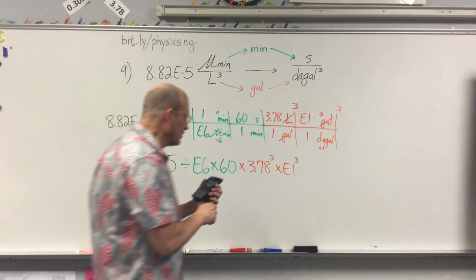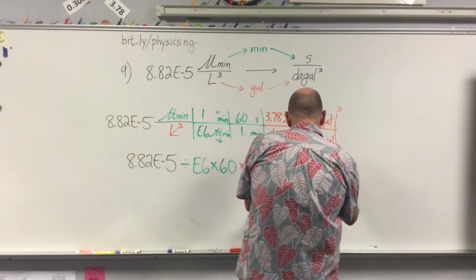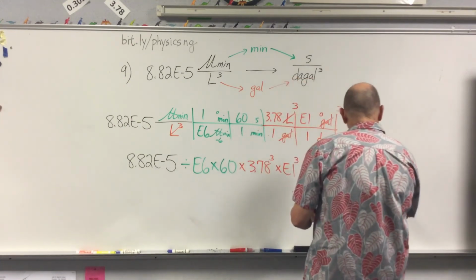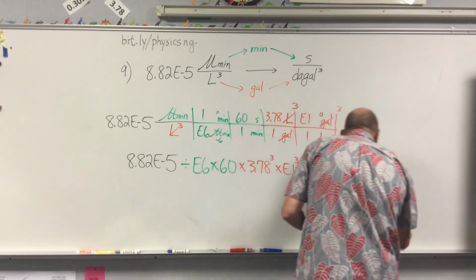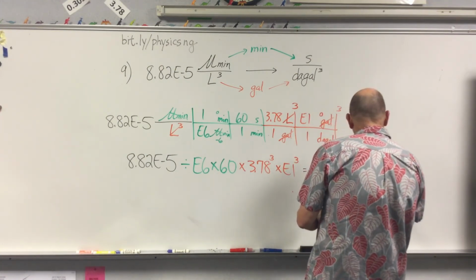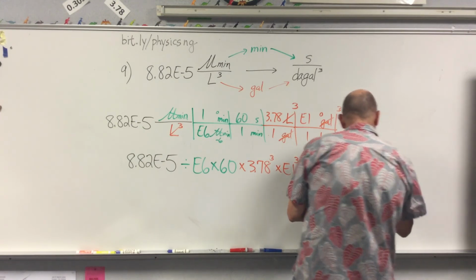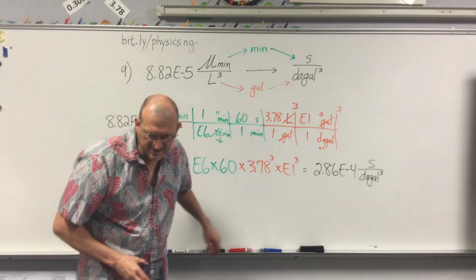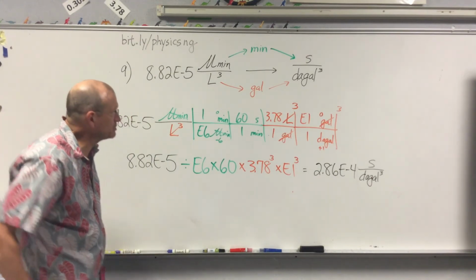And then when you hit equal, the number that pops up here is 2.86 e negative 4, oh, sorry, I'm looking at the starting units, seconds over decagallons cubed. Okay, and the answer, this matches what's on the level 3 worksheet.